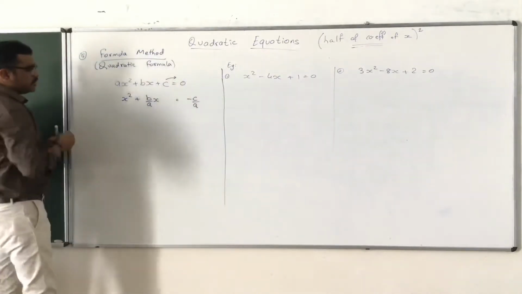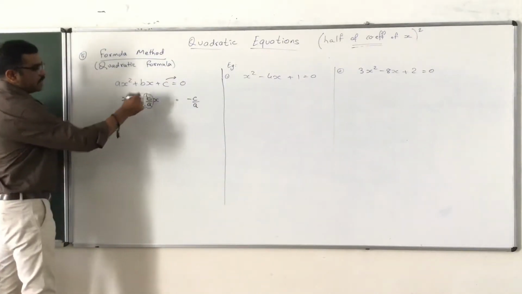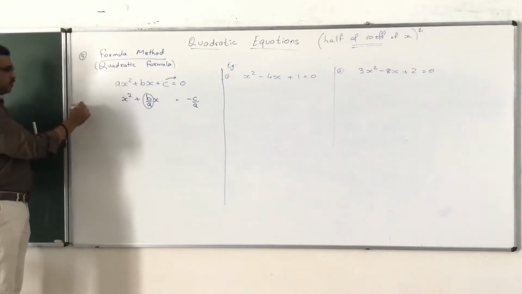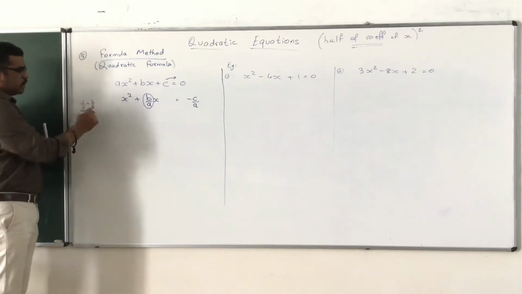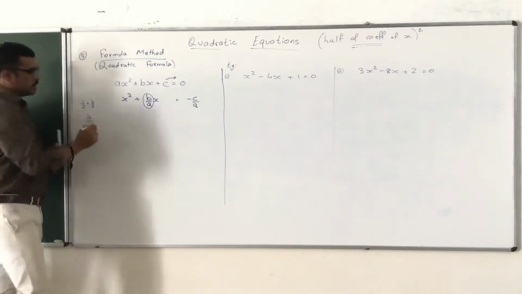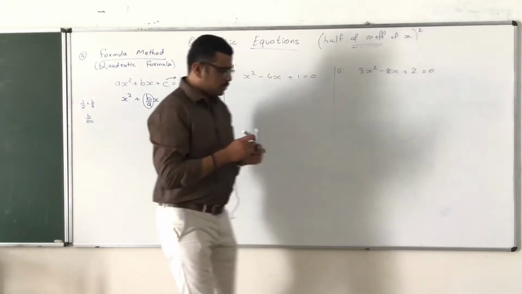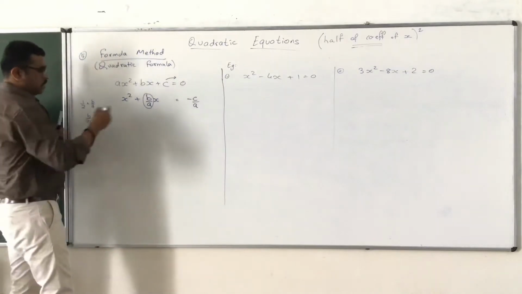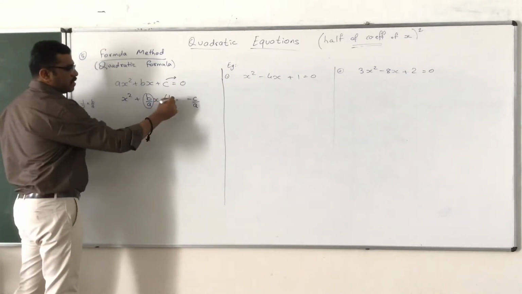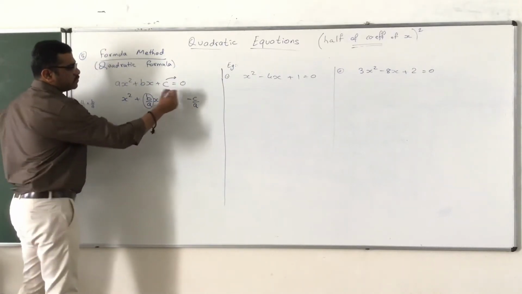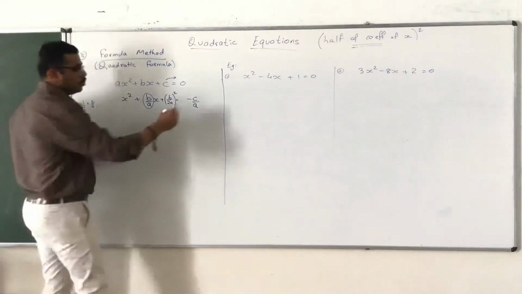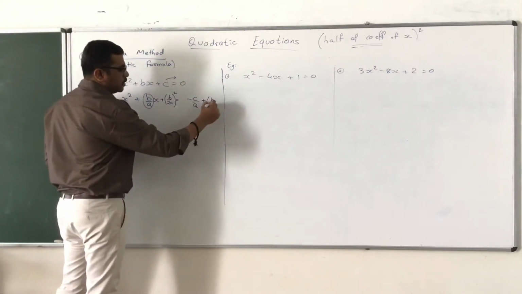Here the coefficient of x is b upon a, so half of b upon a is b upon 2a, and then we square it. So we add b upon 2a whole squared on both sides of the equation.